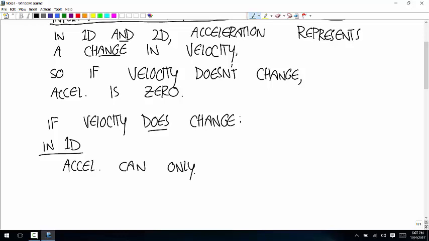It can only make an object speed up or slow down.